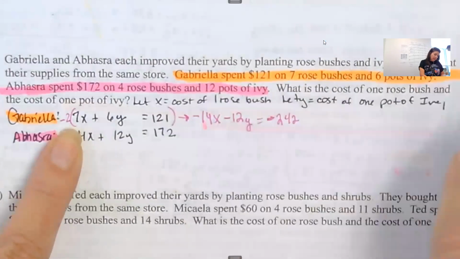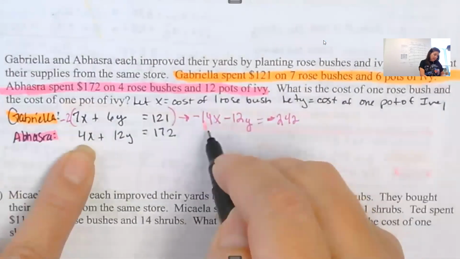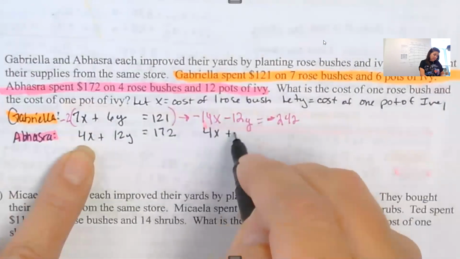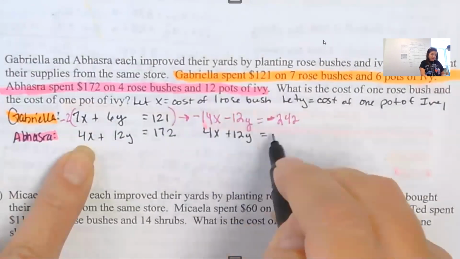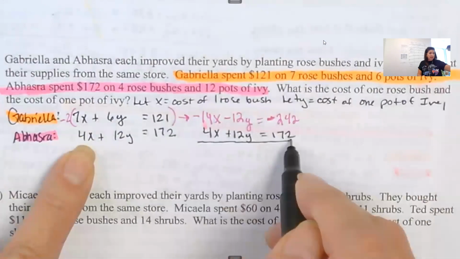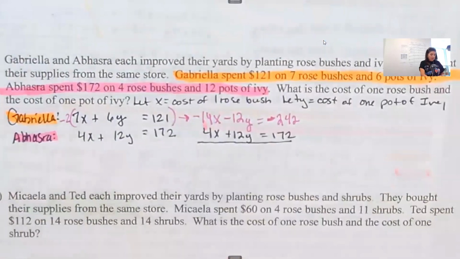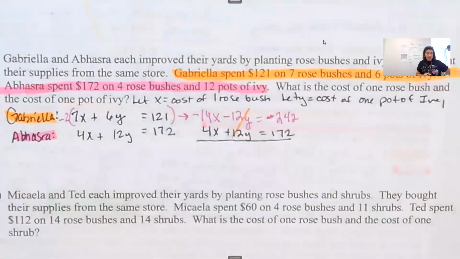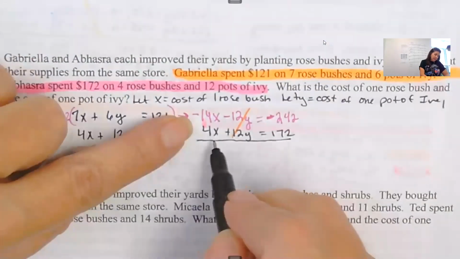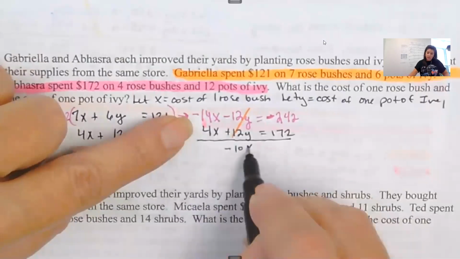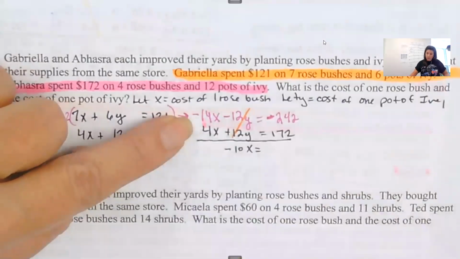Bottom equation, I don't have to multiply by anything. Sometimes I have to multiply both equations. This time, I do not. So negative 12y, positive 12y eliminate. Negative 14x and a positive 4x is a negative 10x equals negative 242 plus 172 is negative 70.